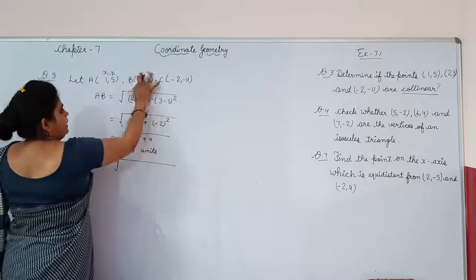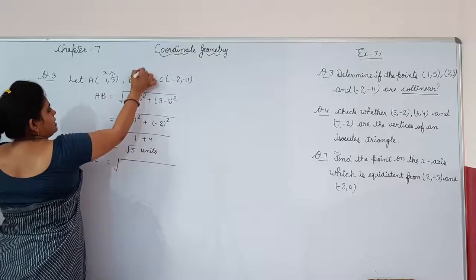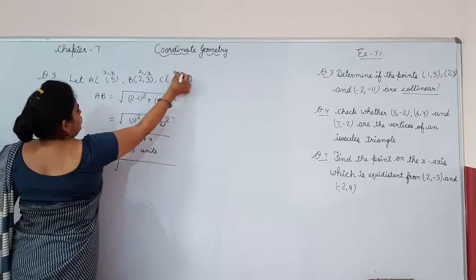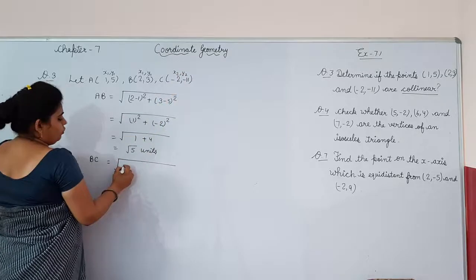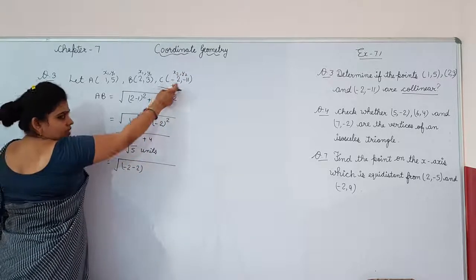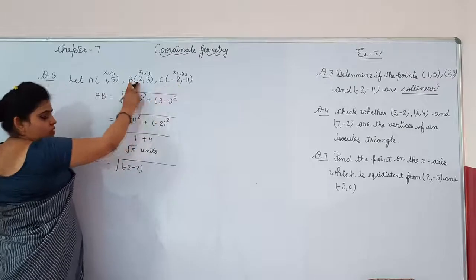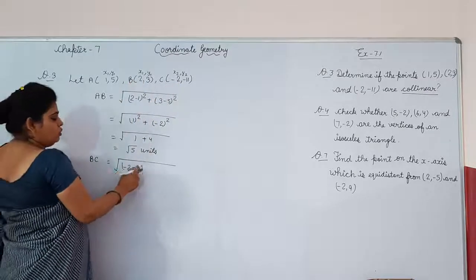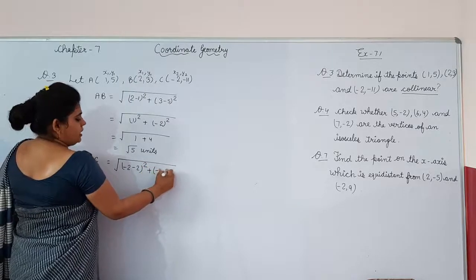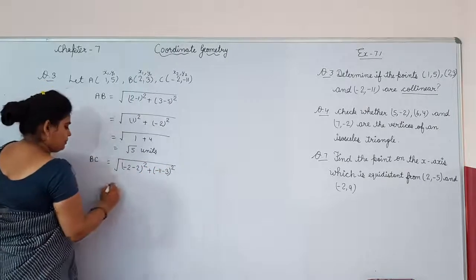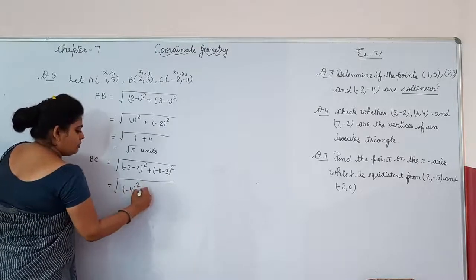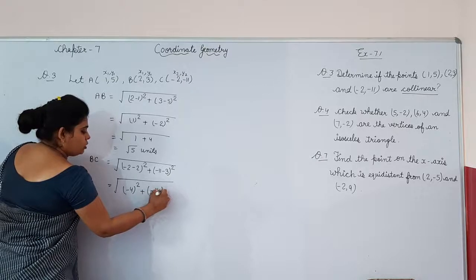After it, BC. For BC, let it is x1, y1 and it is x2, y2. Then how we will calculate? -2, means from this -2 we will subtract this 2, then we will get (-4) whole square plus (-11 minus 3) whole square, which is (-4) whole square plus (-14) whole square.